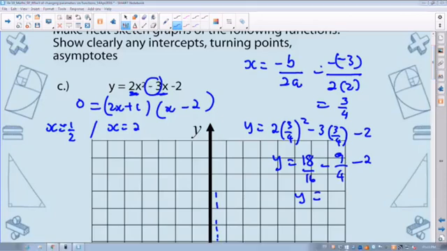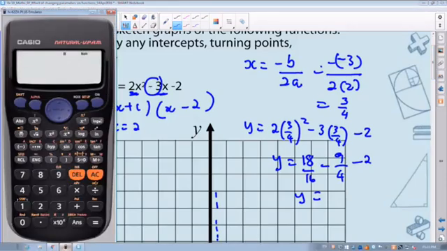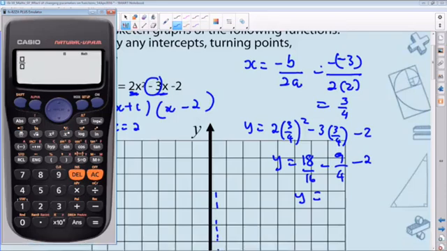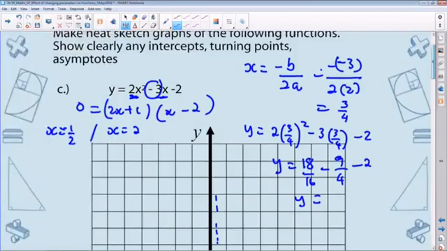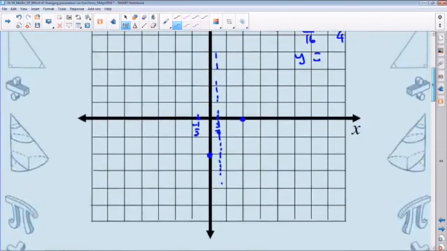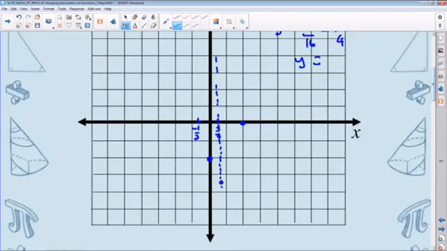You can work it out for me: that's 9 over 8, and then minus 9 over 4, and then minus 2, which gives us negative 25 over 8, negative 3,125.